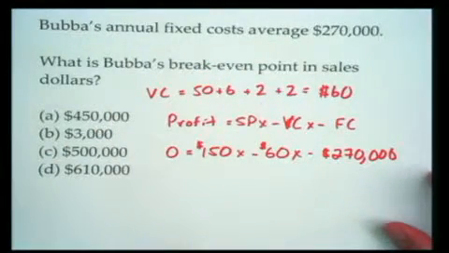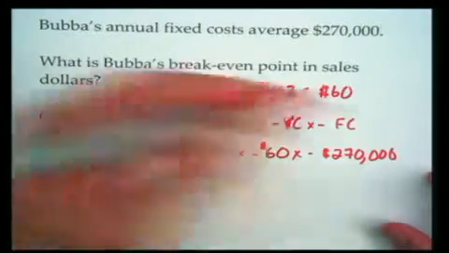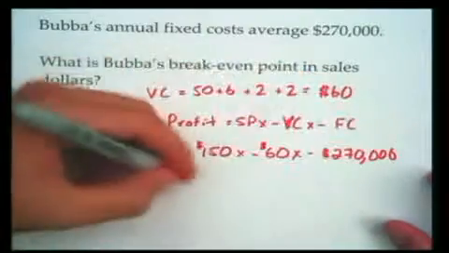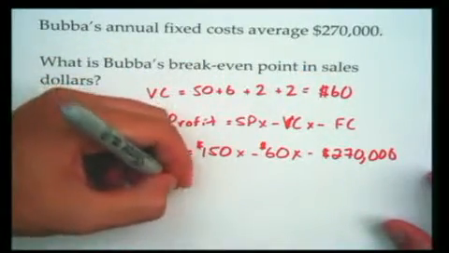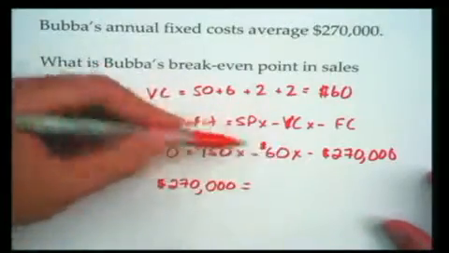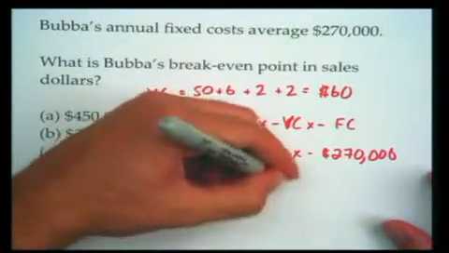I got the formula. Let's swing the 270 over, so I'm going to add $270,000 to both sides, putting a couple steps together. $270,000 equals what? What's 150 minus 60? That's $90 times X.